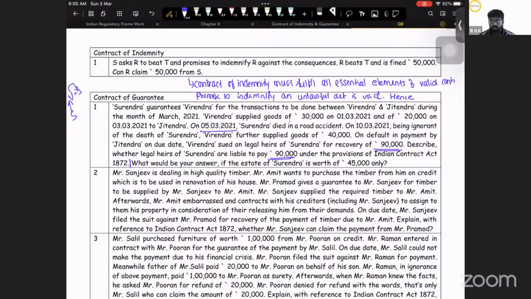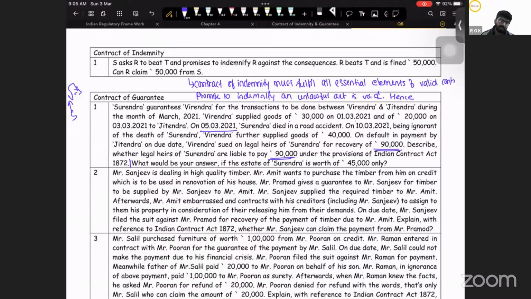What would be your answer if the estate of Surendra is worth 45,000 only? If the estate of Surendra is worth 45,000 rupees only, legal heirs shall be liable only to the extent of 45,000 and not 50,000. Reason being, in case of succession, the legal heirs of a person shall be liable only to the extent of assets inherited from the deceased person.